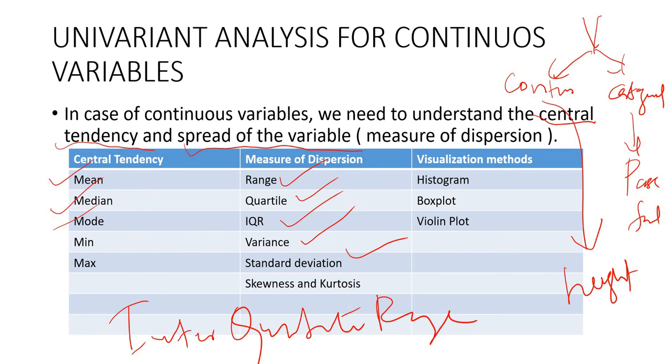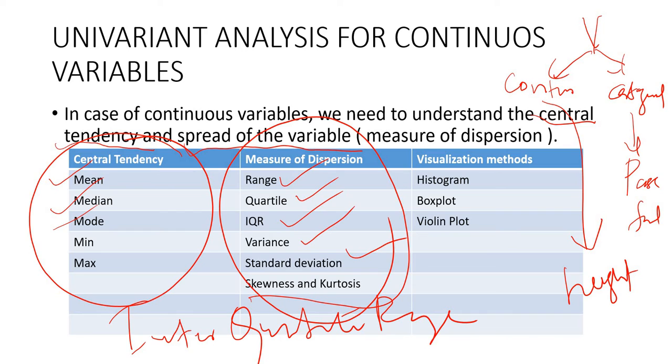Standard deviation measures the spread of the data, the dispersion of the data. All these quantities define the spread of the data. Skewness and kurtosis are also used to measure the dispersion. These terms are used to measure the central tendency.